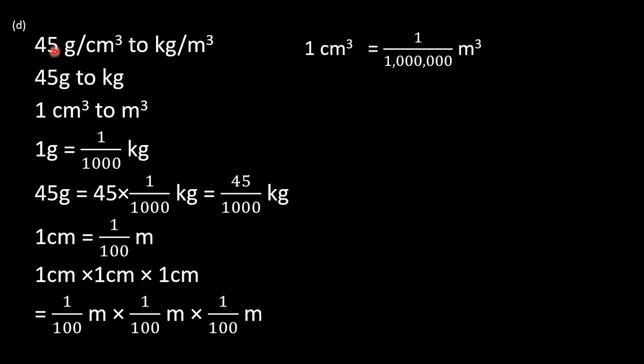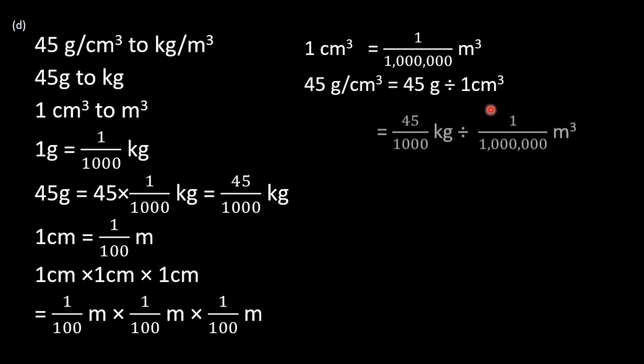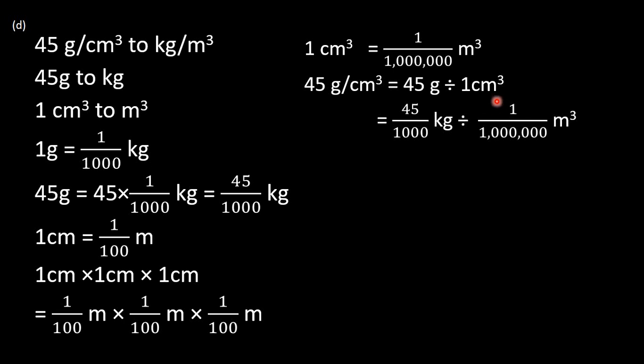Now I'm going to convert this. So we know that 45 grams per cubic centimeter is the same as 45 grams divided by 1 cubic centimeter. If we substitute, we know that 45 grams is the same as 45 divided by 1000 kilograms, and 1 cubic centimeter is the same as 1 over 1 million cubic meters. Then we divide. This is the same as having 45 over 1000 times 1 million divided by 1. We multiply and take the reciprocal this side.